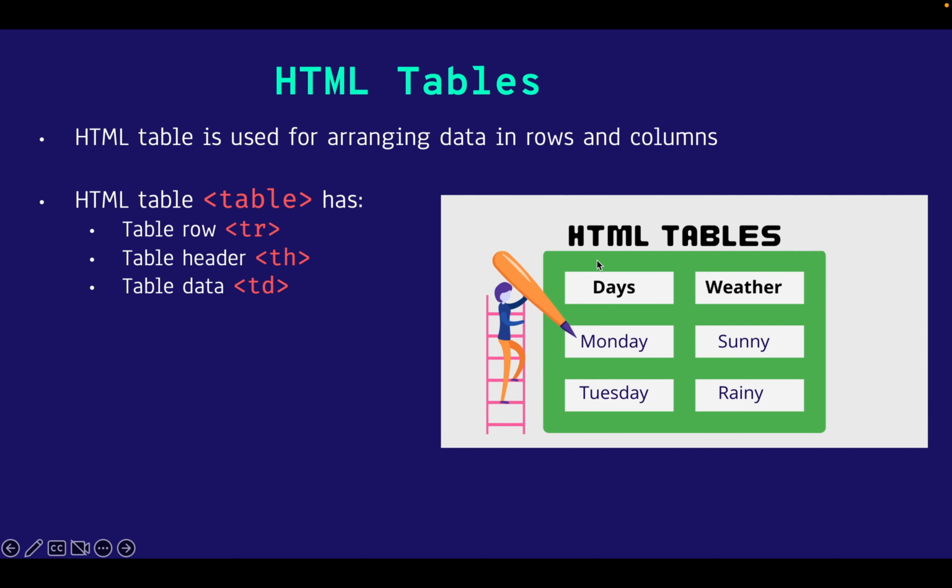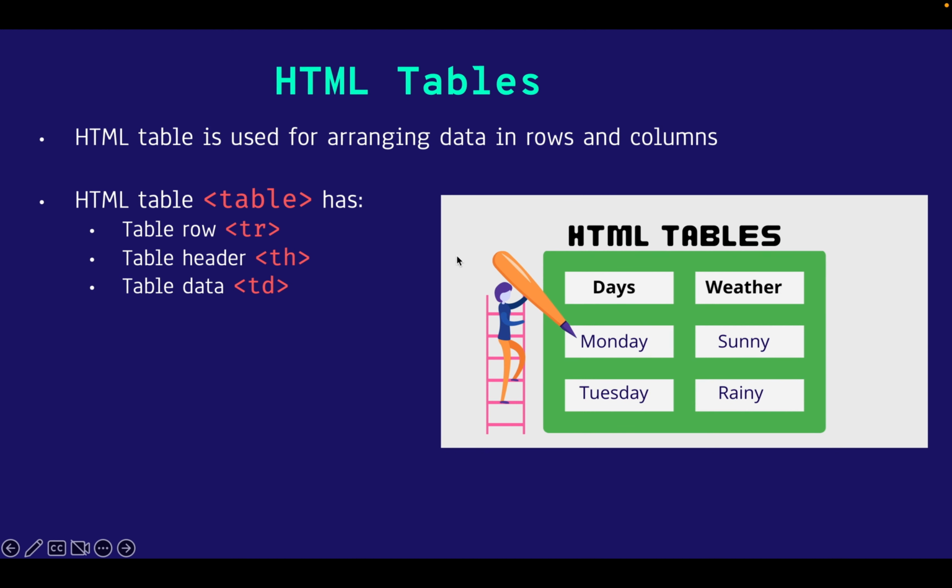So for example, if you want to design something like this in your web page, you can say that this is a table, right? Then this tr is table row, so that means each row, this is a row, this is a row, and this is a row, right? That's what table row is.